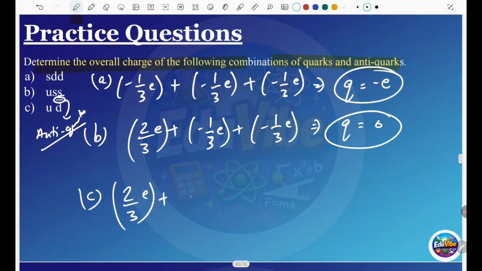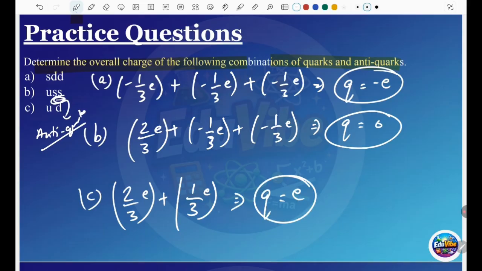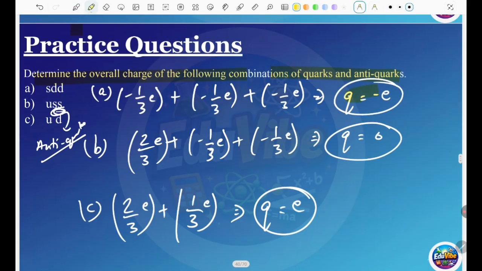That's just the thing you have to know: if there's an anti over there, it means the antiquark. If there's plus, you get minus here. If there's minus, you get plus. And you get a charge Q of about one positive electron charge. That's how you can find the overall charge.